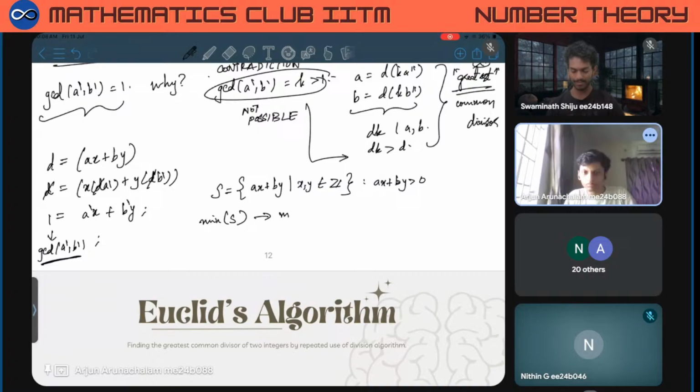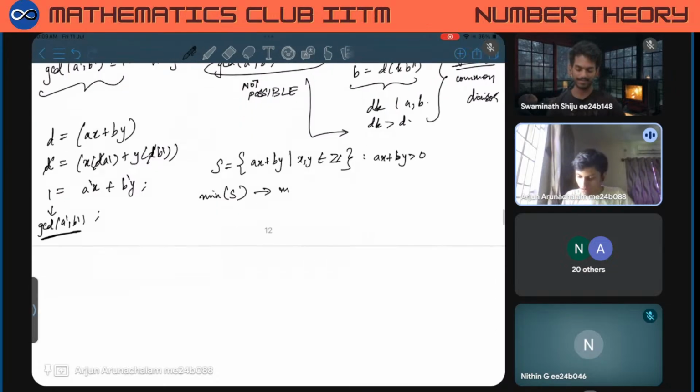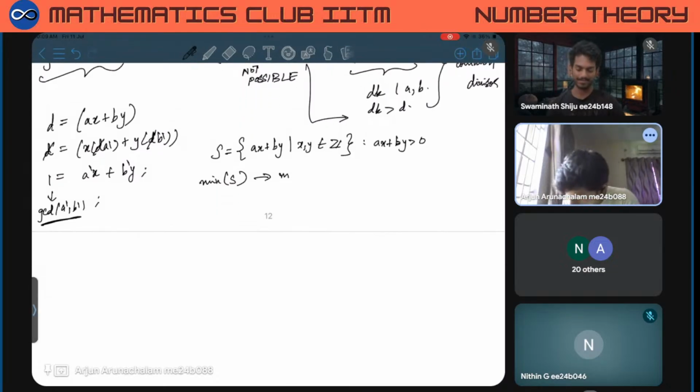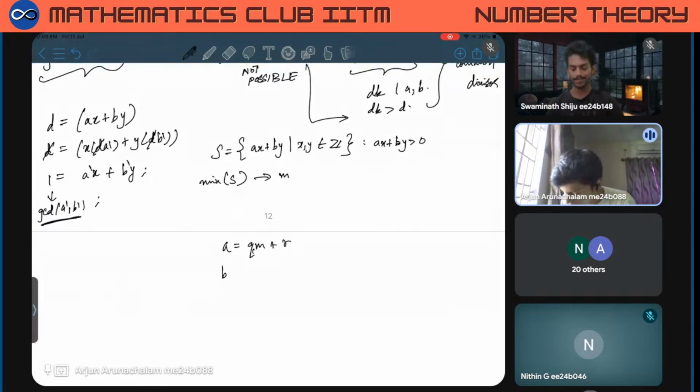So we know that m divides both a and b, right? Let's just write the division algorithm again. So a is equal to some qm plus r. Let's say q1 m plus r1 and q2 m plus r2.